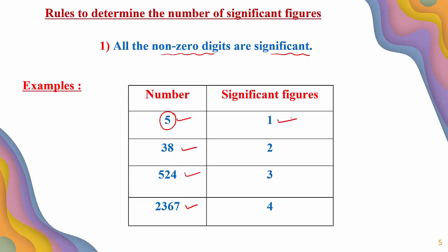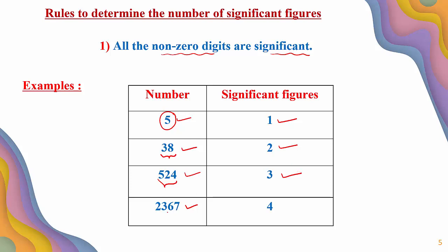Only one. In the second column, there are 2 significant figures. In the third column, the number is 524. There is no zero, so all non-zeros are significant. Totally there are 3 significant figures: 5, 2, 4.